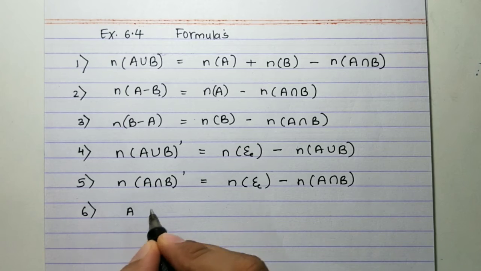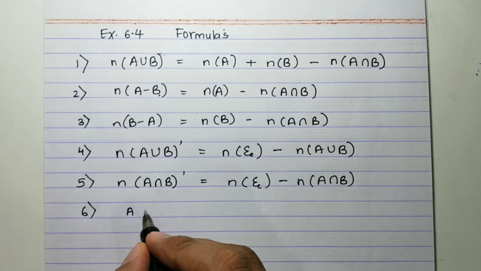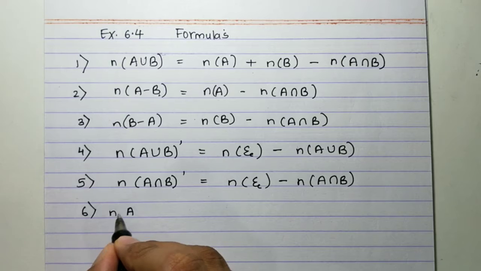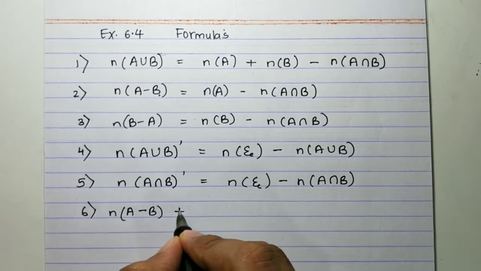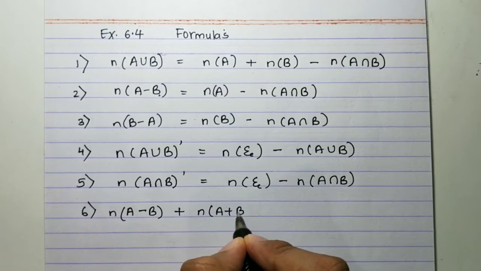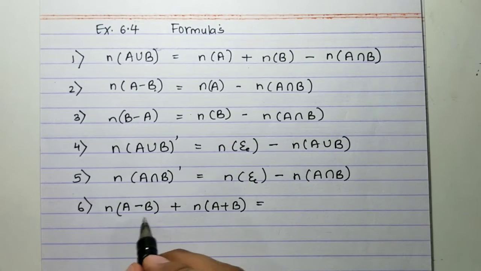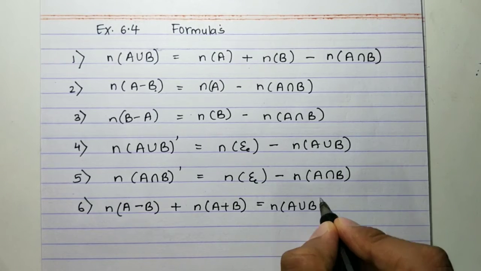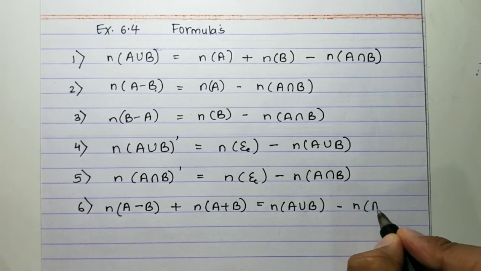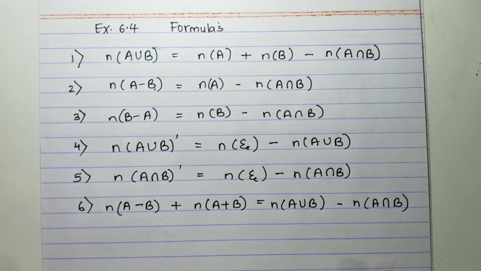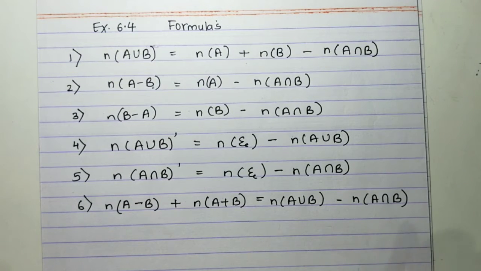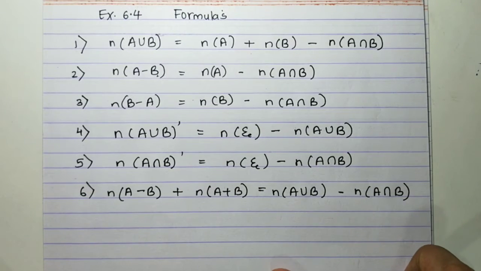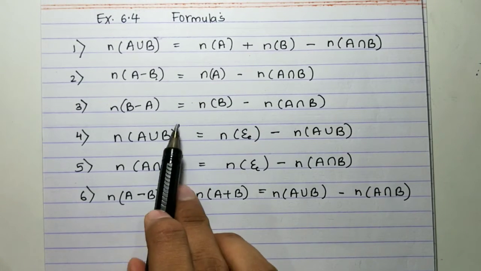That is, number of A minus B plus number of A intersection B equals cardinal number of A, and number of A plus B is A union B minus A intersection B. This formula will help you in solving one sum, that is the last sum, question number 7. Okay, this is important. Complement you must know.